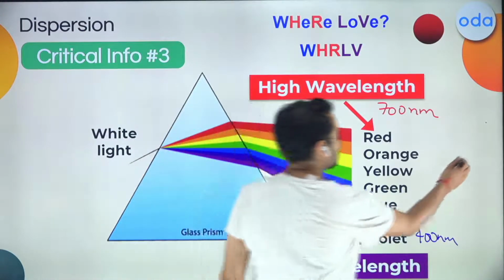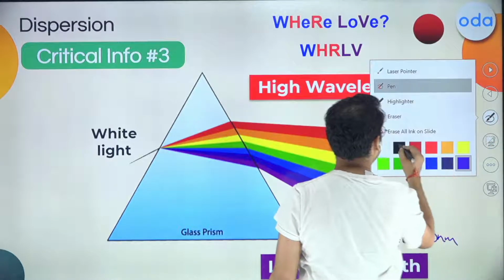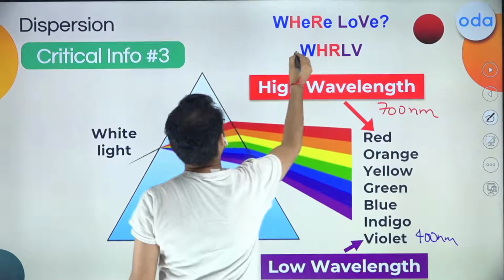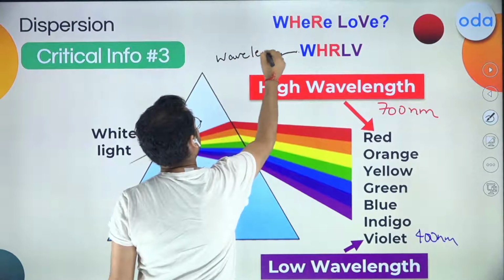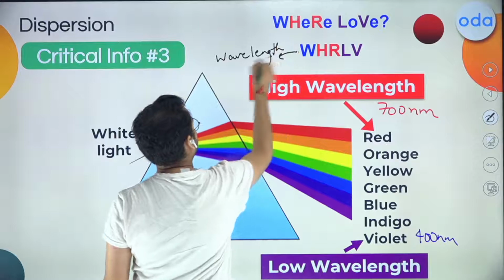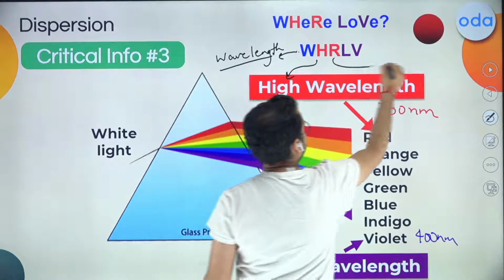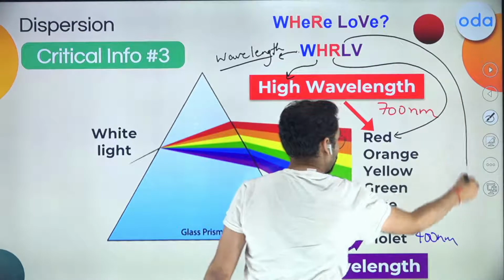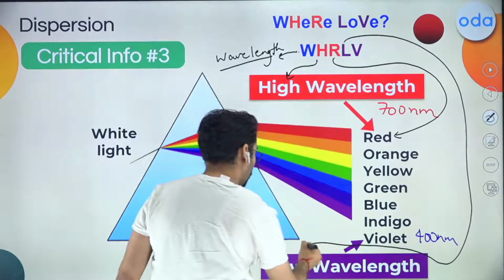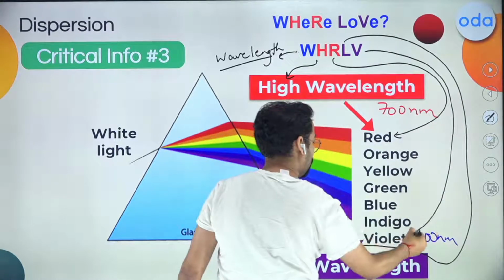What does this mean? W is for wavelength. H is for high, R is for red, L is for low, and V is for violet.